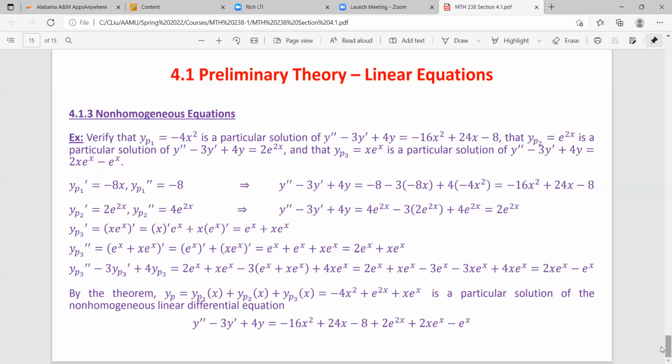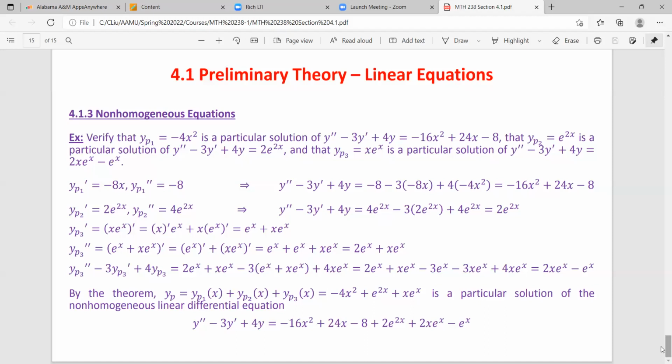So then if you add the right-hand side of those three equations, remember the left-hand side is always the same for all three equations. If you add the right-hand sides of the three different equations, you're going to get -16x squared plus 24x minus 8 plus 2e to the 2x plus 2x e to the x minus e to the x.